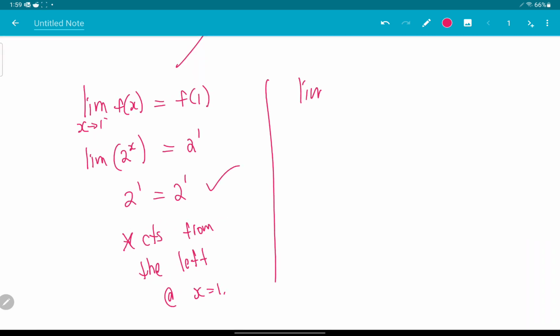Okay, but if you look at the limit the other way, the limit as x goes to 1 plus of f of x, is that going to equal f of 1? Well, when you do this limit, you use the other definition, which is 1 over x minus 3.